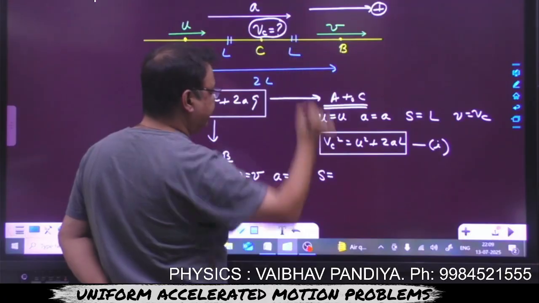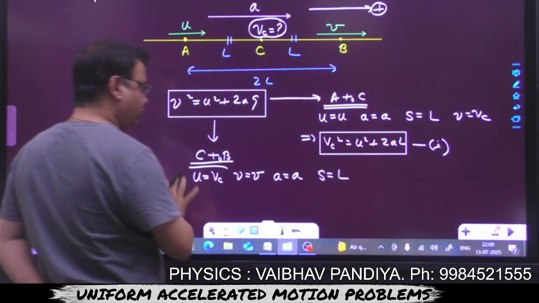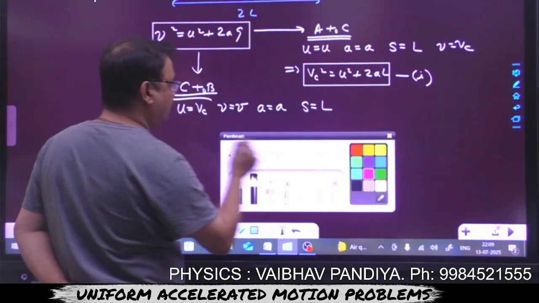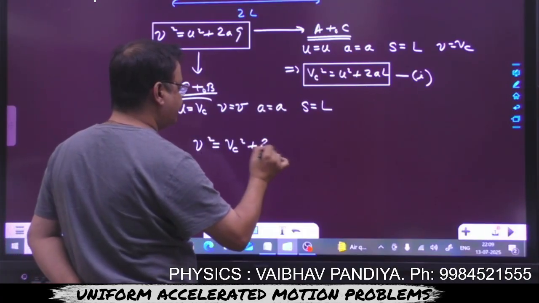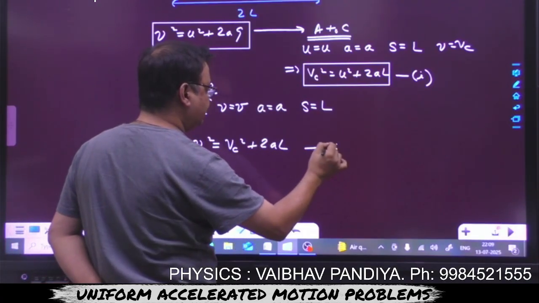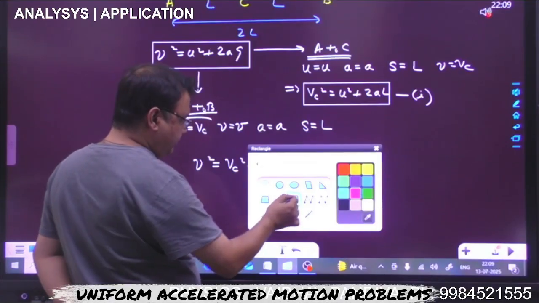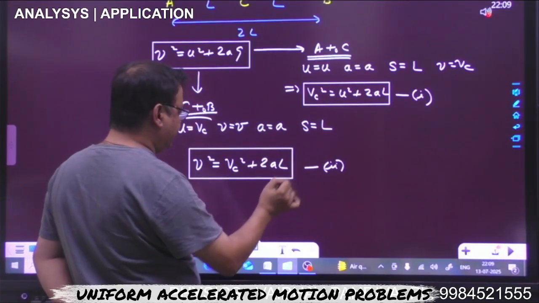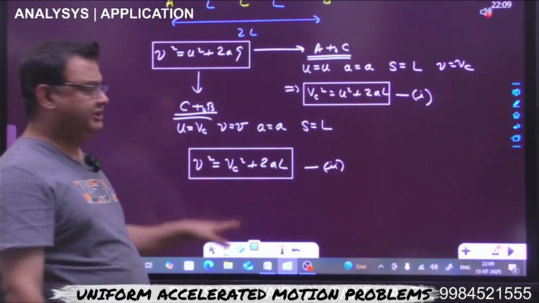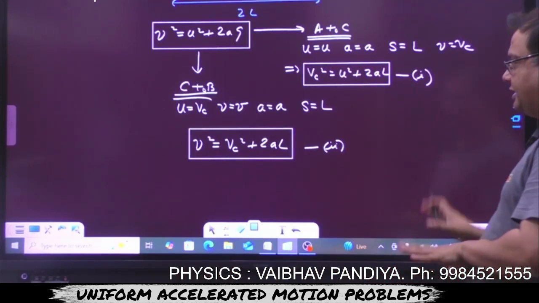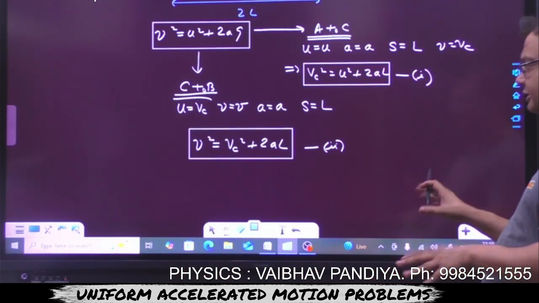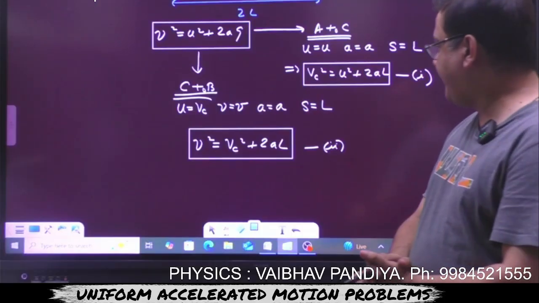The displacement is again L. So we get v square is vc square plus 2aL, correct? Let it be equation number 2. So we got two equations in terms of v, u, vc and aL. Now it is simple mathematical working, no kinematics. The kinematics is completed here. Now we have simple mathematical steps.